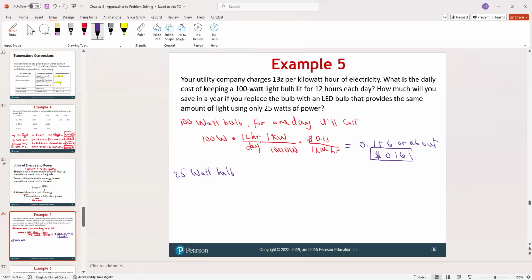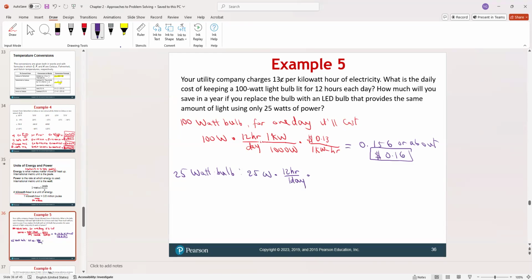first of all, we said a 100 watt light bulb for 12 hours a day is going to cost us 16 cents, all right? But now, if you replace it with LED, sometimes it's way better. That's according to people who use it. We're going to take the 25 watt and we're going to do exactly the same multiplication. 12 hours per day for one day, okay?